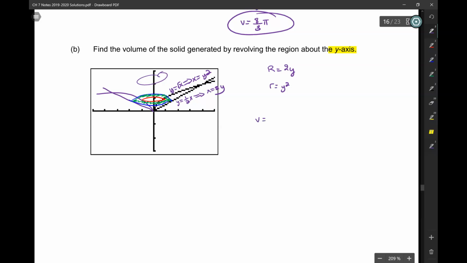So volume is pi. Now it's 0 to 2, because this one was 4, comma 2, so I have to take that 2.